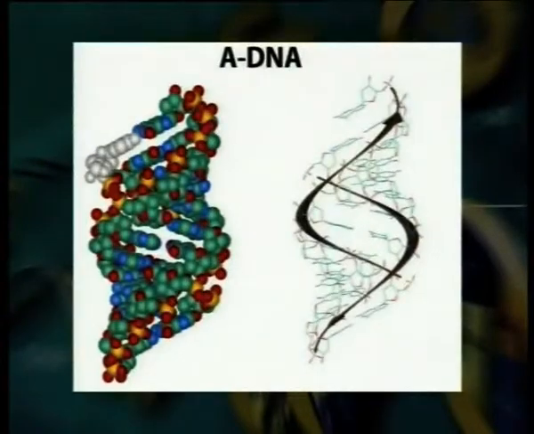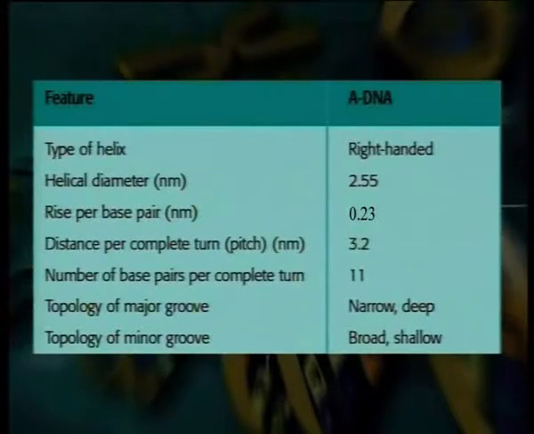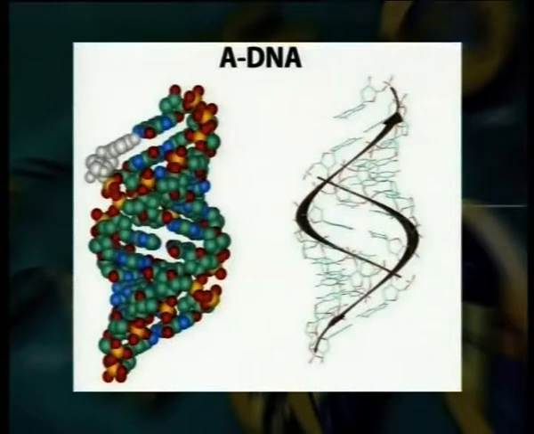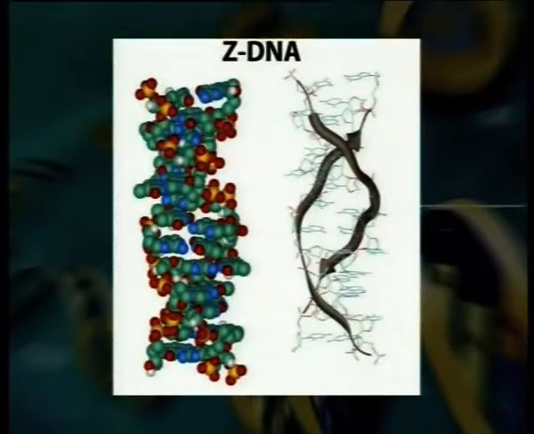A-form DNA is also a right-handed duplex, but the rise per base pair is 0.23 nanometer and the number of base pairs per helical turn is 11. A-DNA is more tightly wound than B-DNA, and the difference between the major and minor grooves is reduced. As far as Z-DNA is concerned, it is even more different from B-DNA.